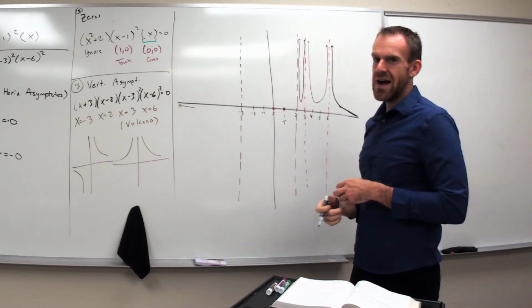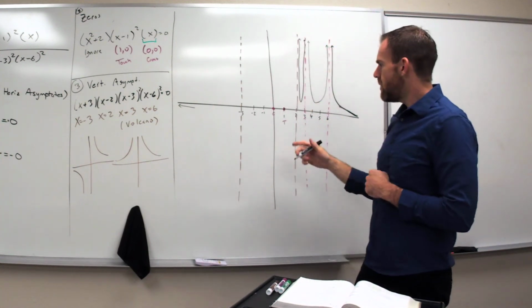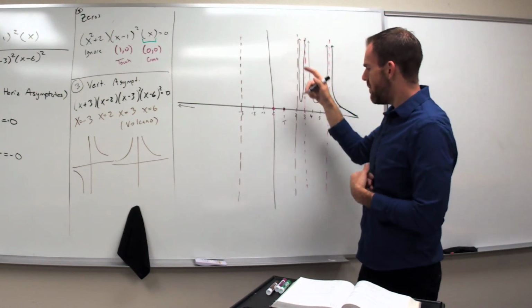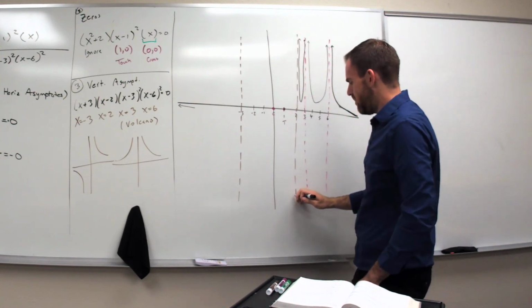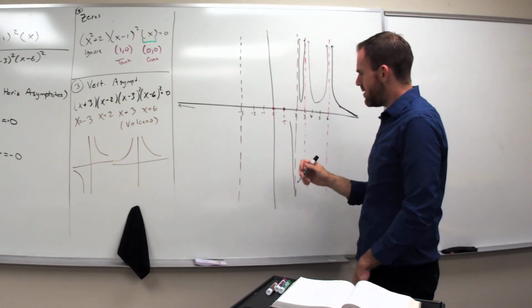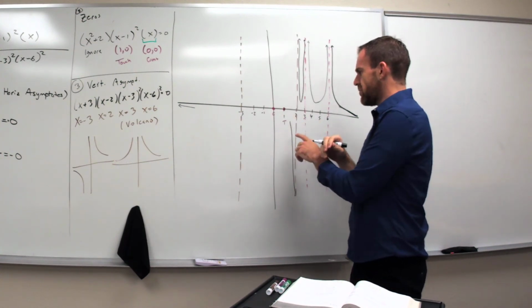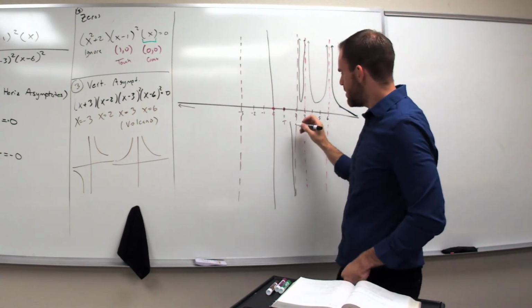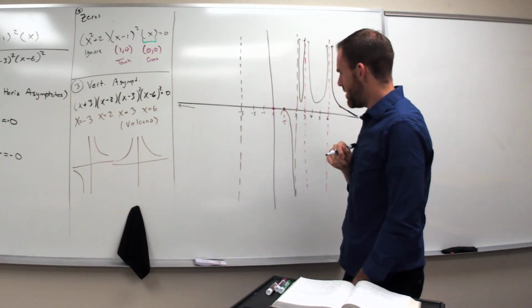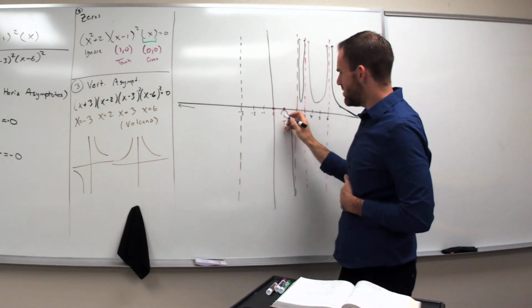Make sure you don't touch your asymptote as you're graphing. Now this one is not a volcano, it's a normal asymptote. So if it goes up, then it must come from the bottom. Okay, now here's where it gets tricky. This is a touching 0, so I can only touch it. I kind of have to come away from it. But that's a crossing 0, so I have to cross there.